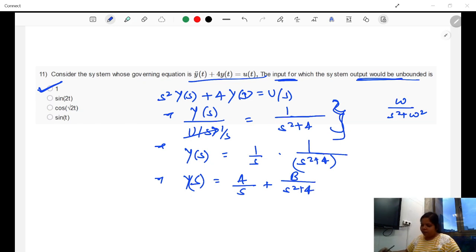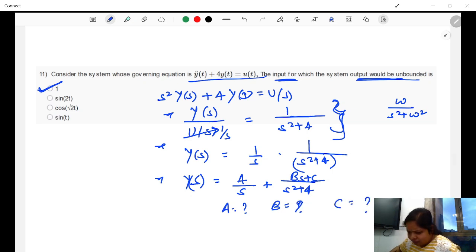Then you would find the values of A, B and C. So when you try to find some value of A, some value of B, and some value of C, what you would ultimately see is, has someone found out?